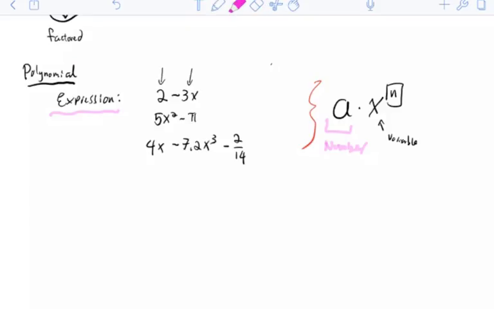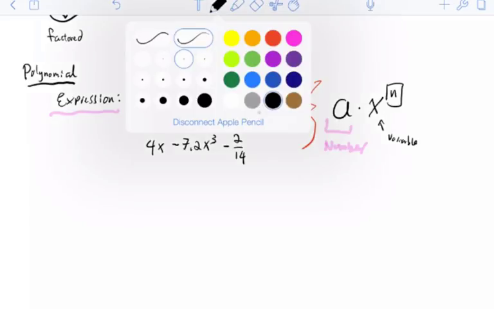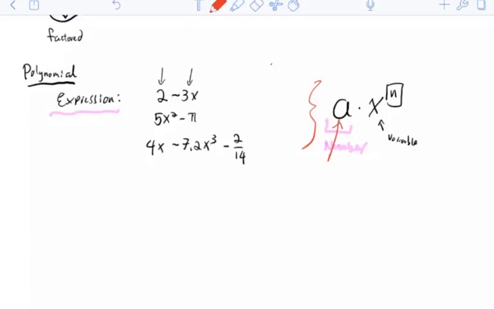So we call this number out front the coefficient, and we call this number up here the exponent. Okay? So essentially, the way you recognize whether you're talking about a polynomial is somebody gives you an expression like that, and you're going to break it up into terms that are added or subtracted from each other, and you're going to ask yourself, do each of these terms satisfy this descriptor?